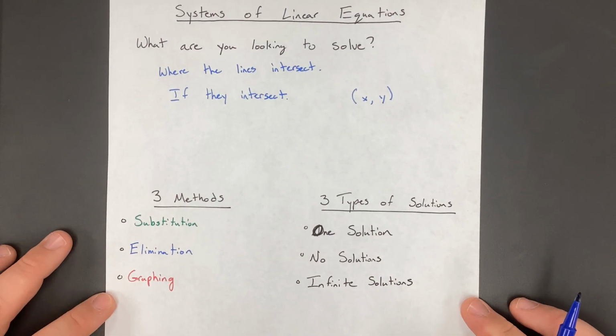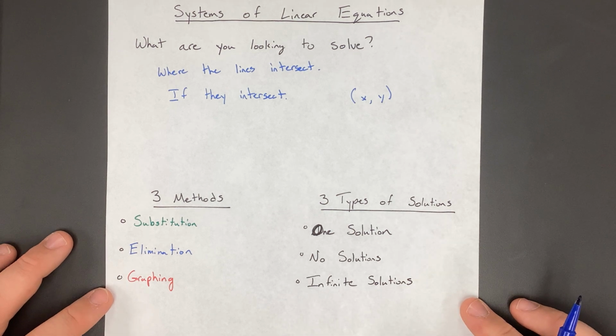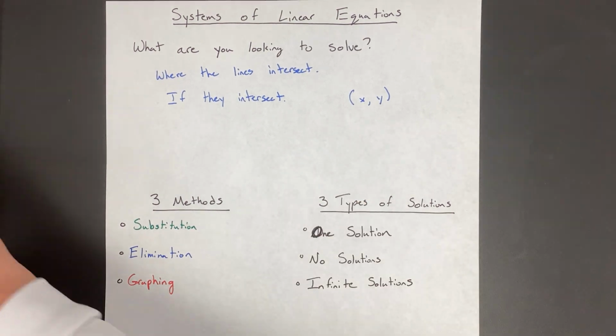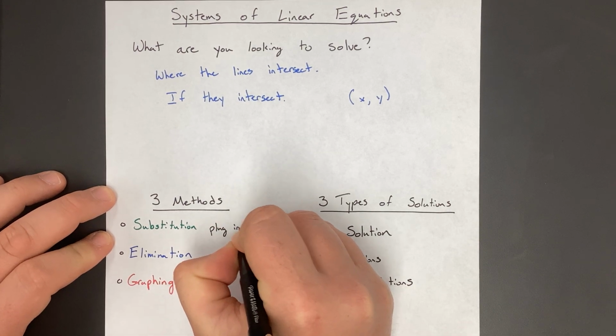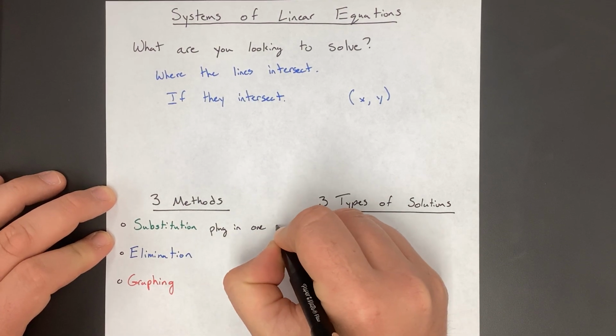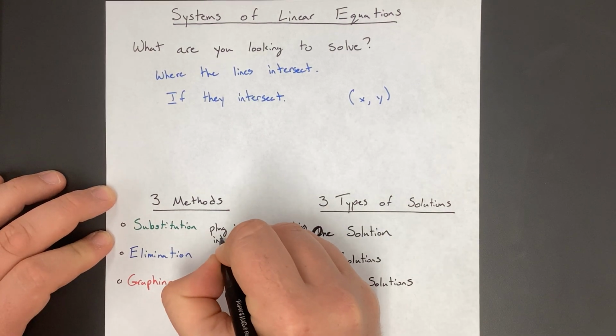With systems of linear equations, we have three methods of solving, as well as three types of solutions. Our three methods of solving are going to be substitution, where we plug in one equation into the other.